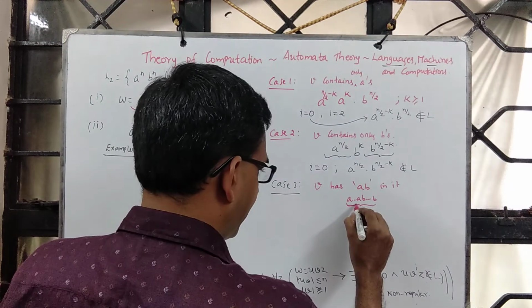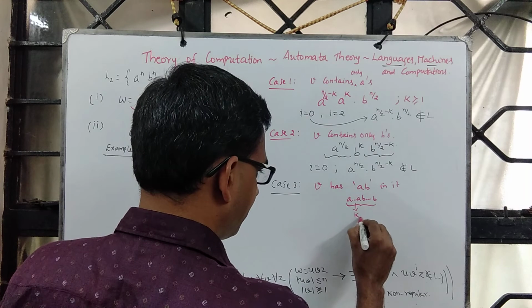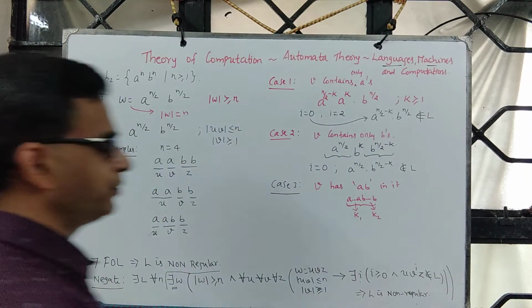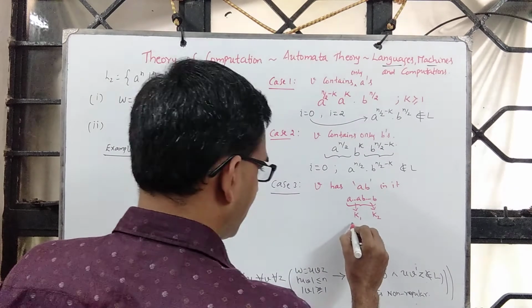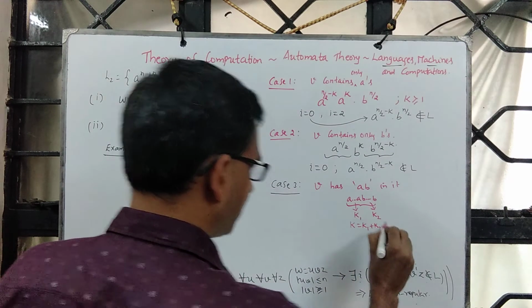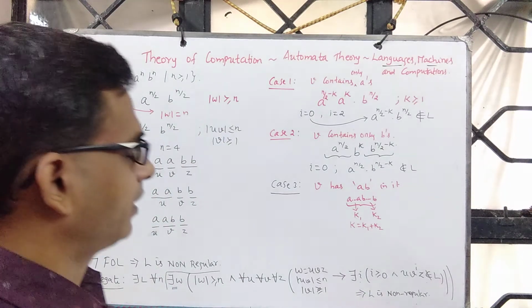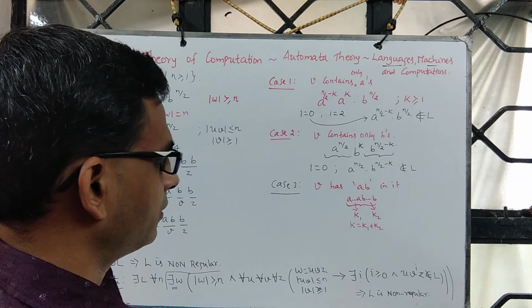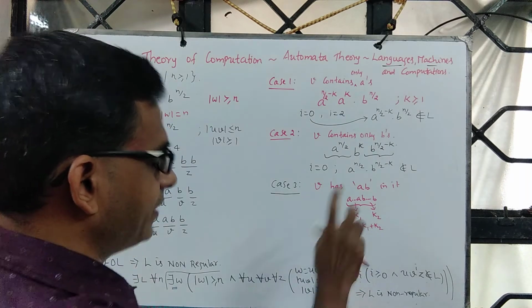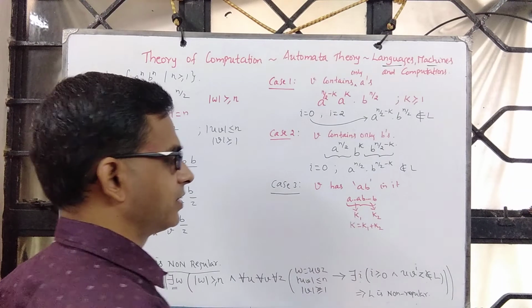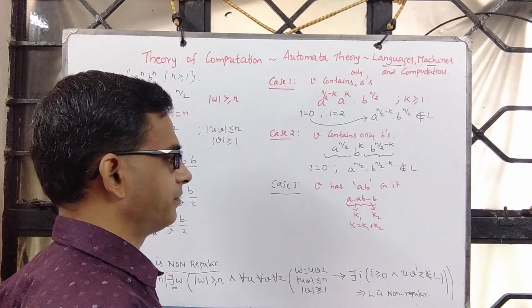Let me say this one is some k1, this one is k2, and k is k1 plus k2. Because it contains both a and b, we clearly know k will be at least 2, because it will have at least one a and at least one b over here.